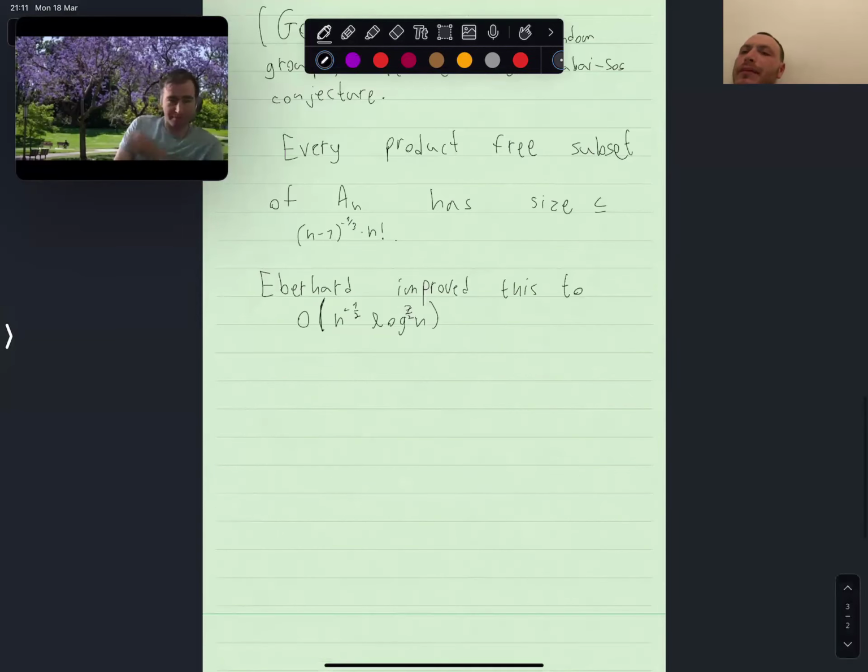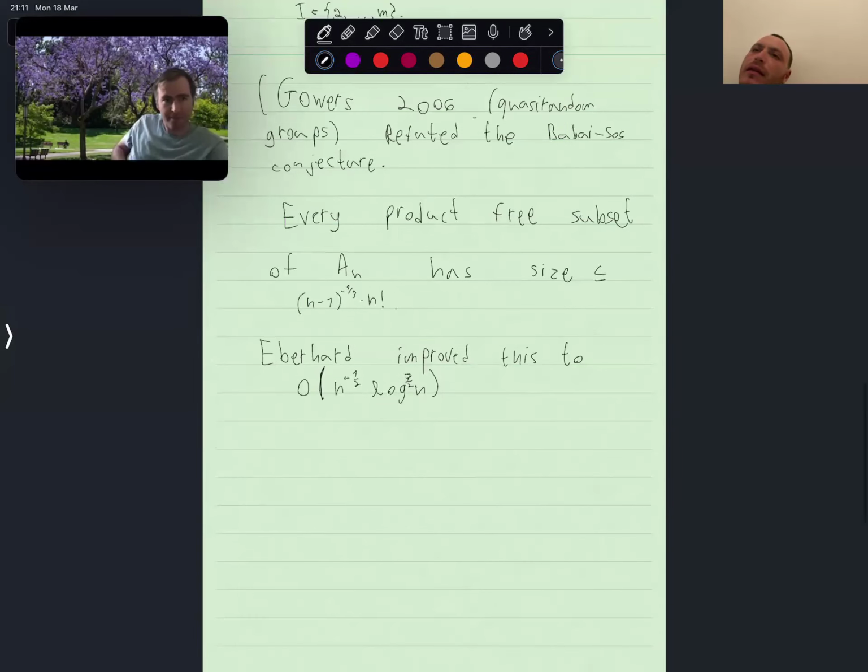And then together with Peter Keevash and Dor Minzer, we determined exactly the largest product-free set in A_n.